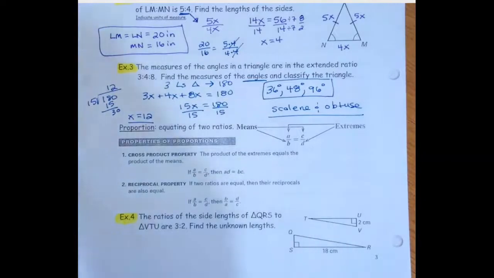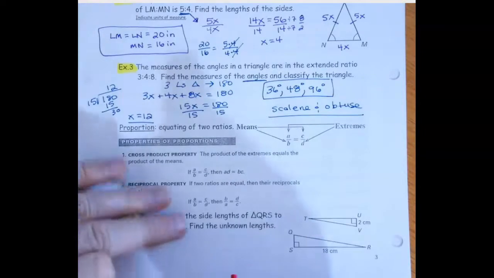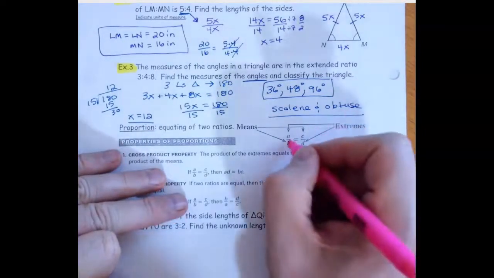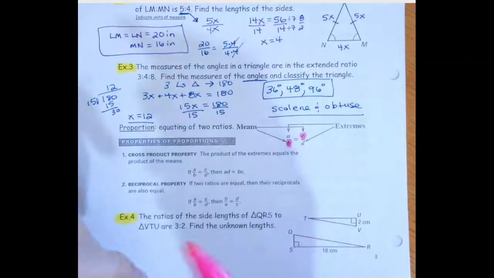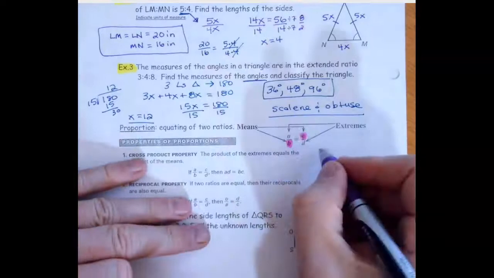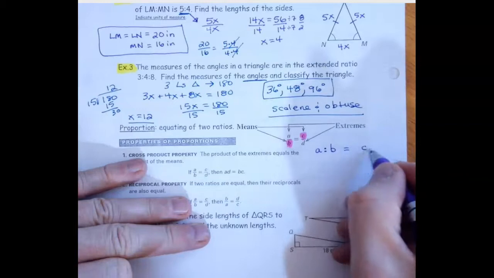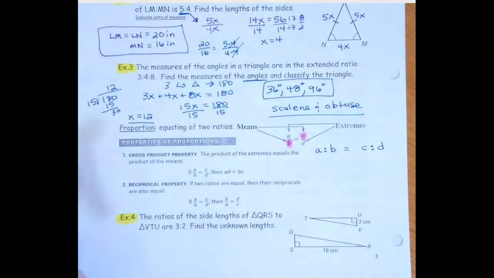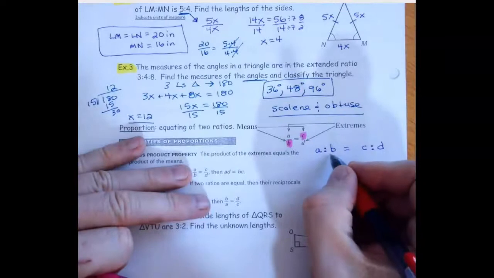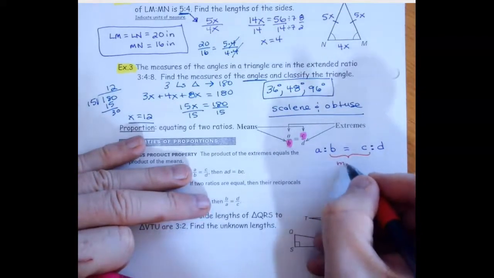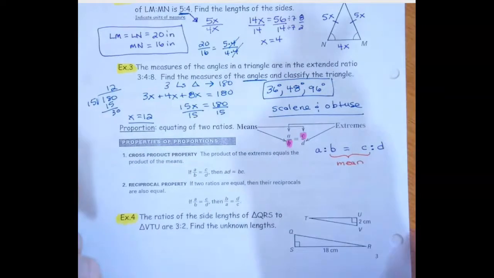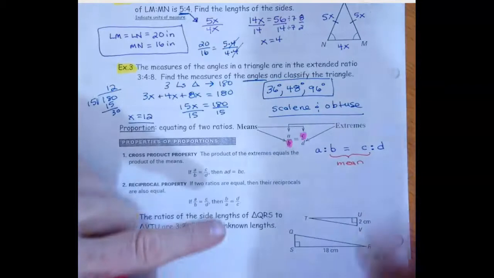Now, if you think about this ratio right here, A to B is equal to C to D. So what I want to point out here is that the mean is the average, is the middle. So those are called the means, B and C.